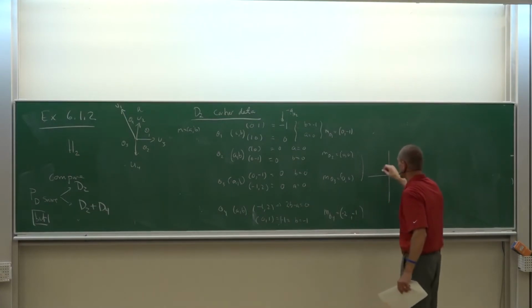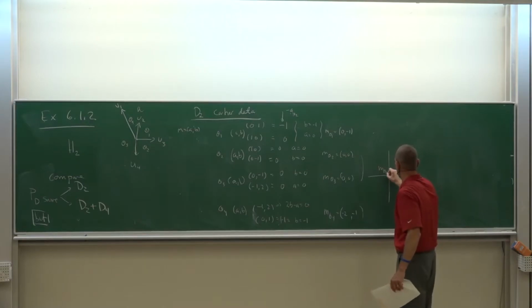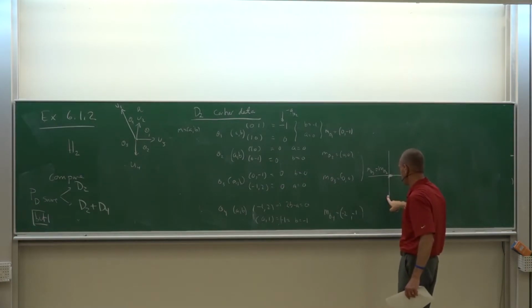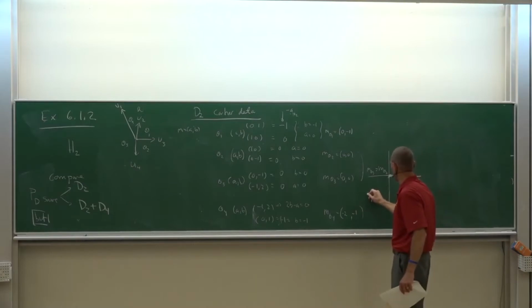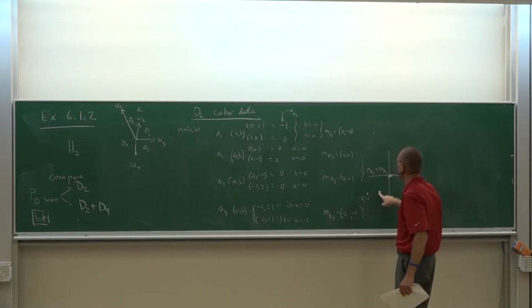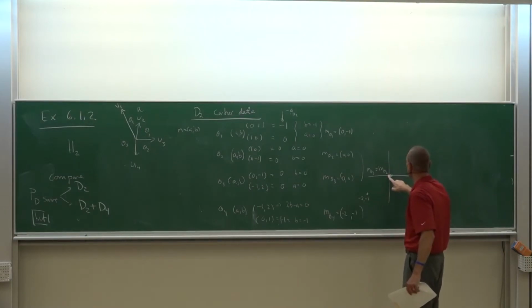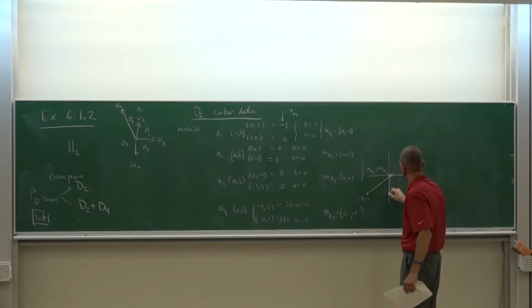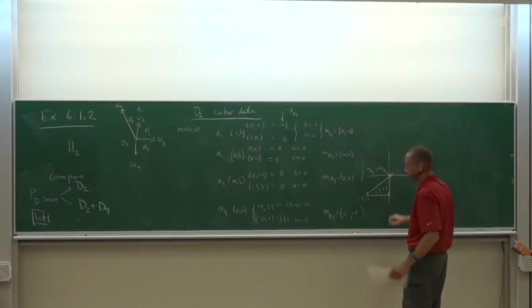M sigma 1, this is M sigma 2, goes to M sigma 3, is 0, 0. M sigma 4 is minus 2 minus 1. And M sigma 1 is 0 minus 1, is this. So I get this polytope here.